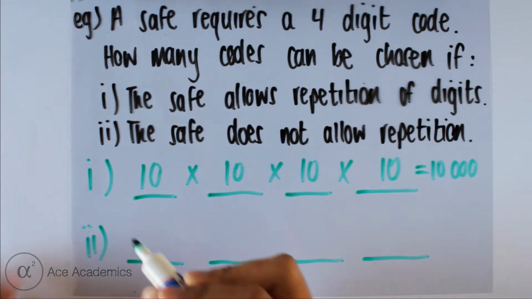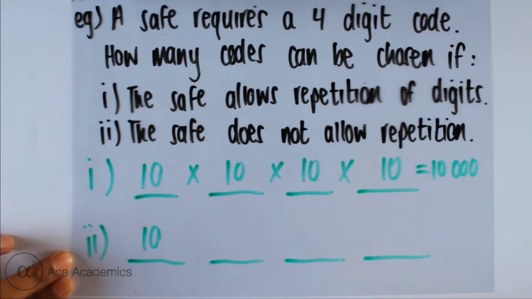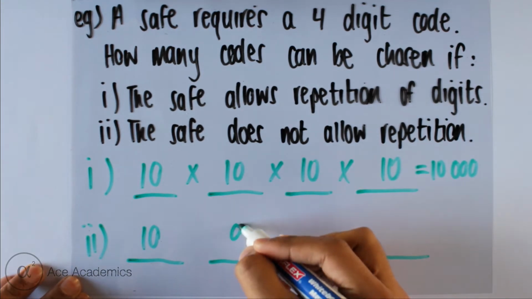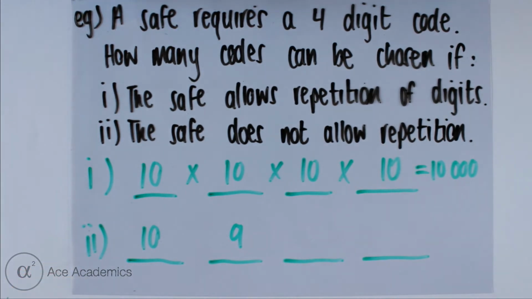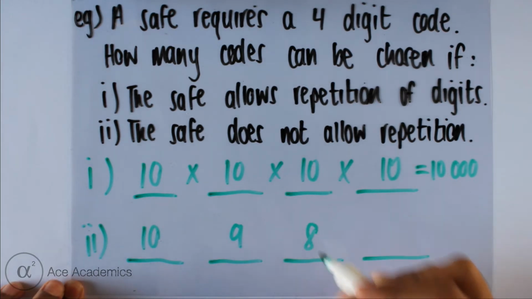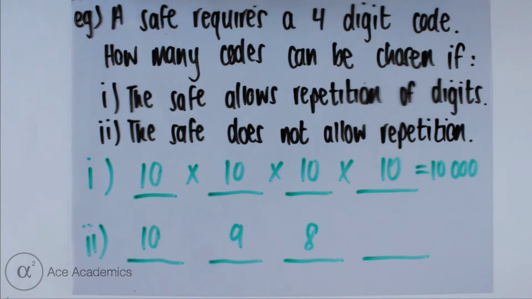for the first digit, there's a total amount of 10 digits that can be used. Now, whichever digit is selected for the first digit, that digit needs to be eliminated, as we cannot have repetition of digits. So now, in the second space, there can be only 9 digits that can be used. Likewise, in the third space, there can only be 8 digits that can be used.